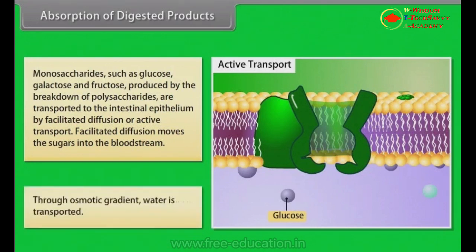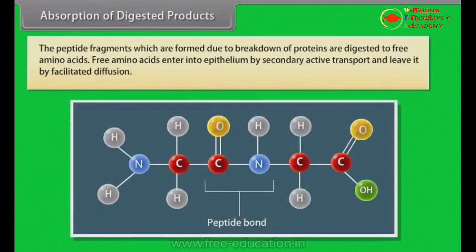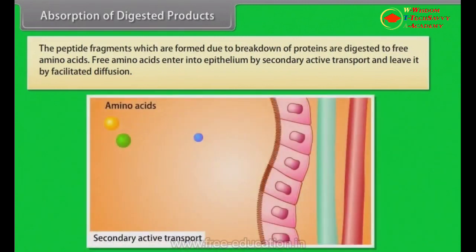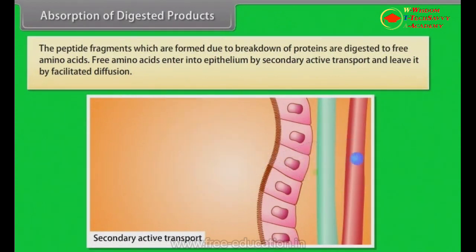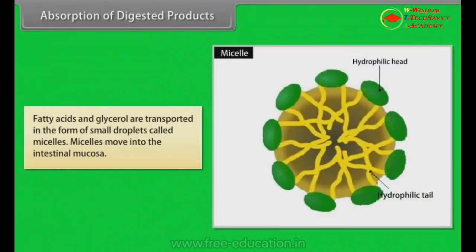water is transported. The peptide fragments which are formed due to the breakdown of proteins are digested to free amino acids. Free amino acids enter the epithelium by secondary active transport and leave it by facilitated diffusion. Fatty acids and glycerol are transported in the form of small droplets called micelles.